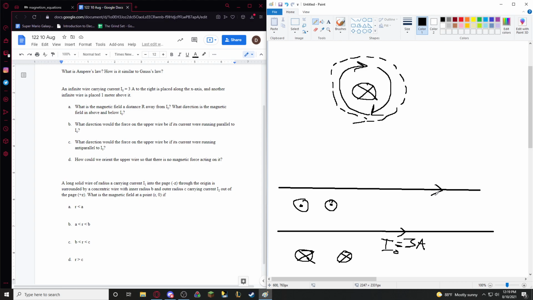So the upper wire, the force should be going down, and the bottom wire, the force should be going up. Exactly. Parallel attracts. But I'm guessing you're saying that because you've memorized that parallel attracts and anti-parallel repels, right? How could we use the right-hand rule to find that?